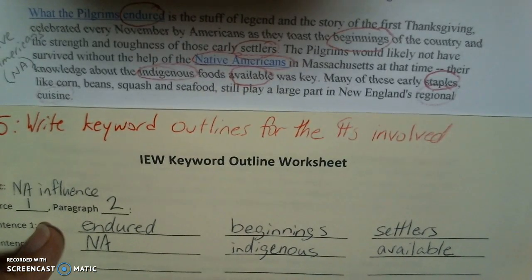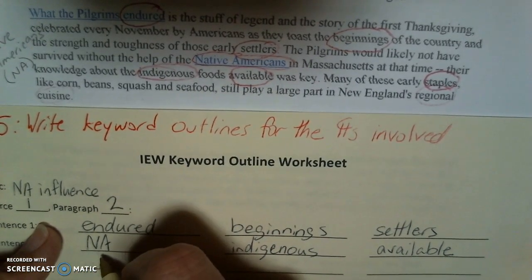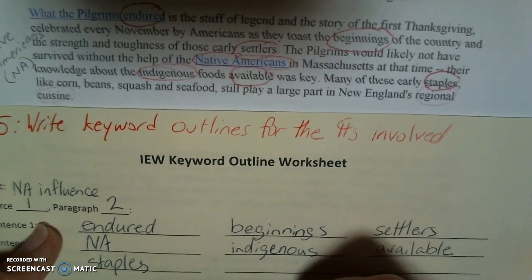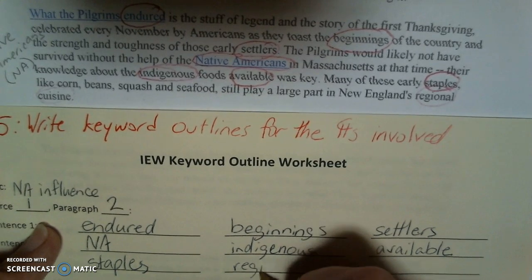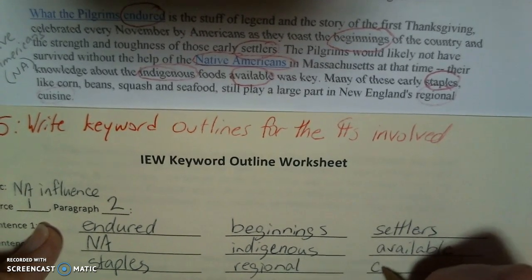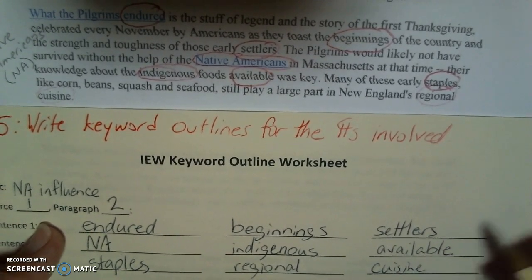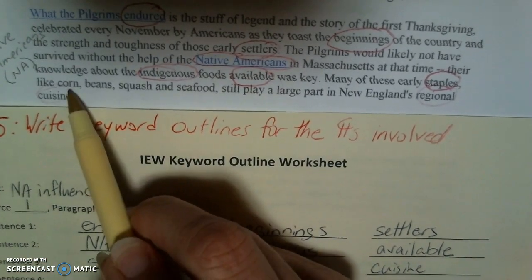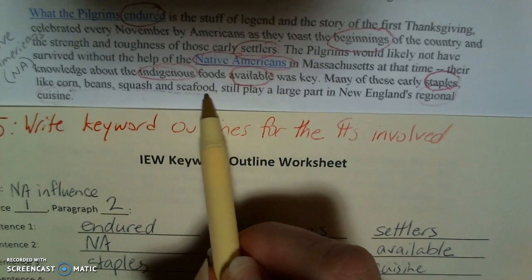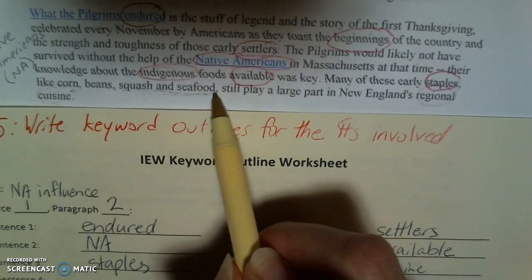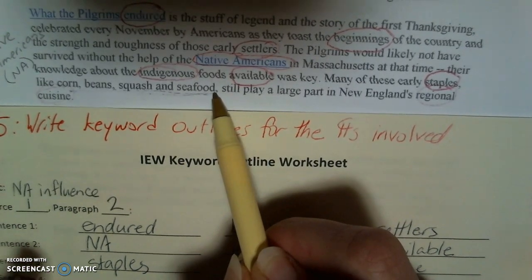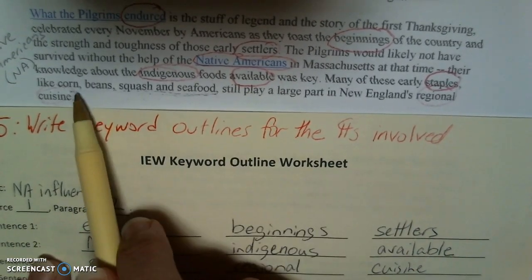And my pen's going out of ink. So I'm going to say staples, regional, and cuisine. Now, I might decide later on that I want to go back and pick up one or more of these, but I know that when I come down to paragraphs 3, 5, and 7, I'm going to hit 3 of those.